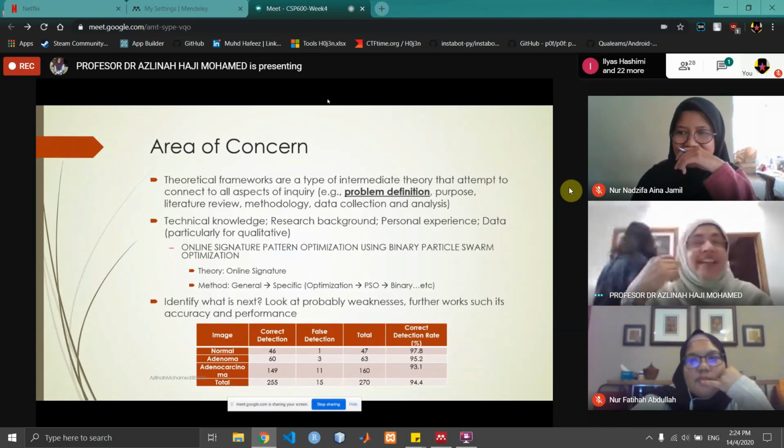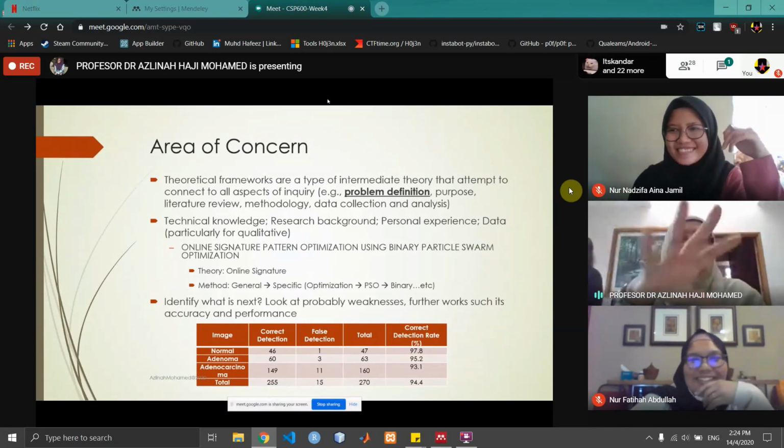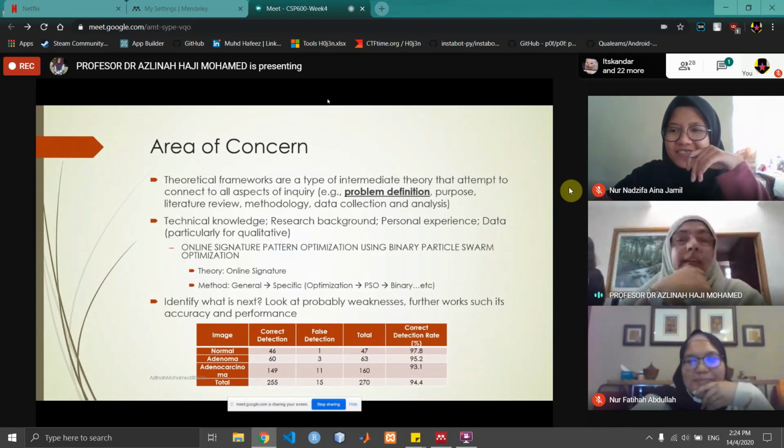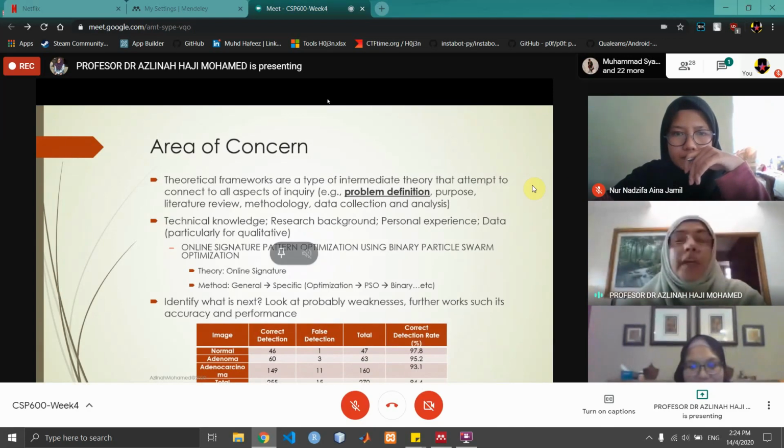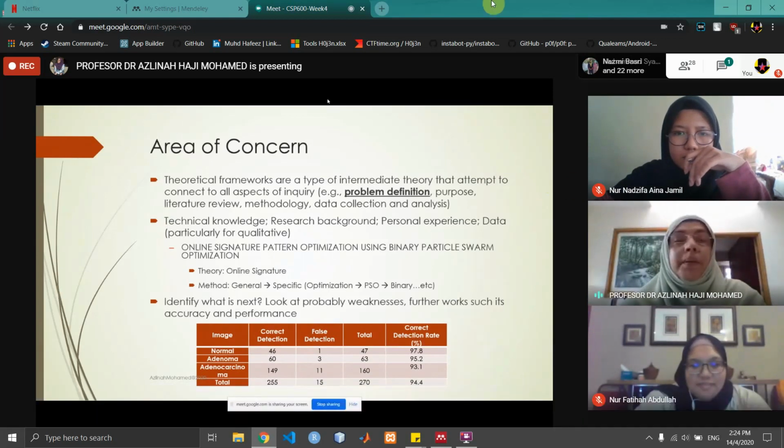Okay, so from these papers that we are looking at, we are going to look at how we want to create what we call a theoretical framework, like what I mentioned here. A theoretical framework is a type of intermediate theory that attempts to connect all aspects of inquiry, for example from problem definition, the purpose, the literature review, the methodology, the data collection, to analysis.